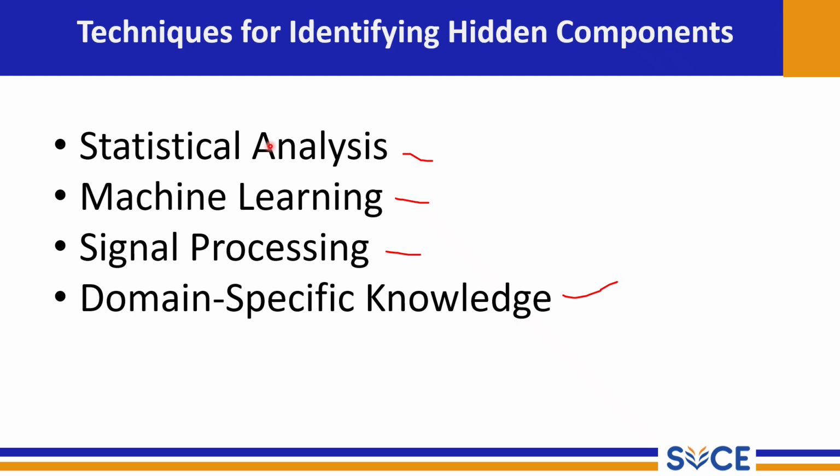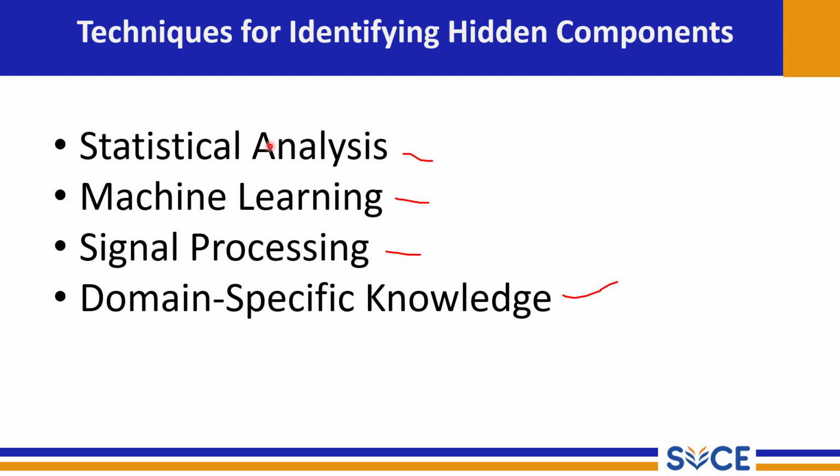And third one, factor analysis. Factor analysis is also a statistical method that is used to describe the variability among the observed, correlated variables in terms of a potentially lower number of unobserved variables, which are called factors. And these factors can be interpreted as hidden components that influence the observed variables.